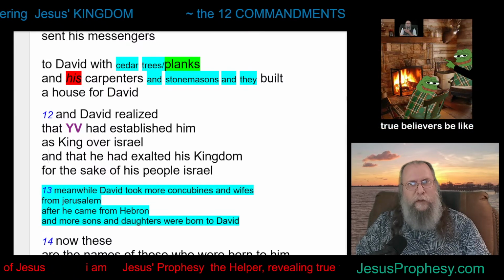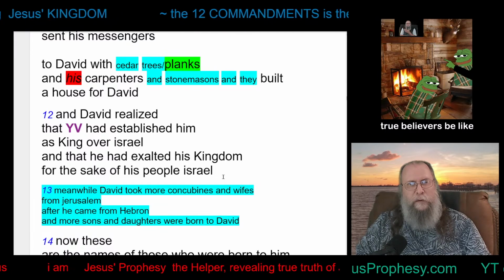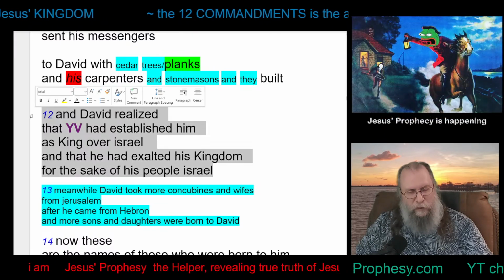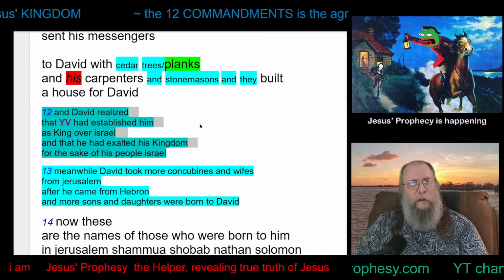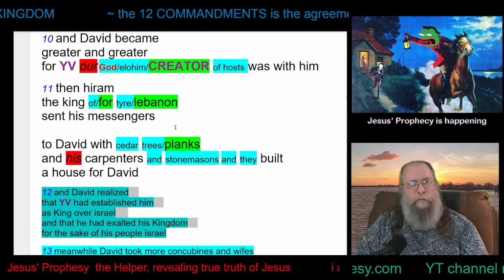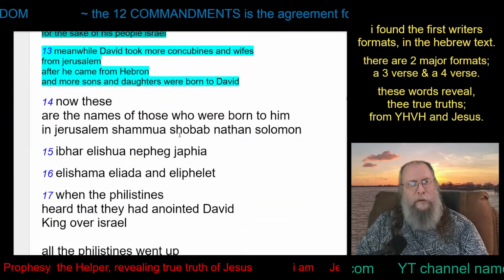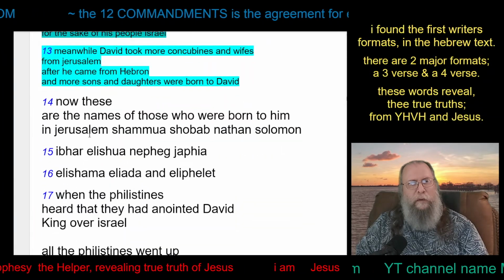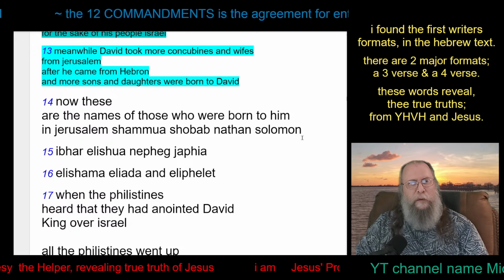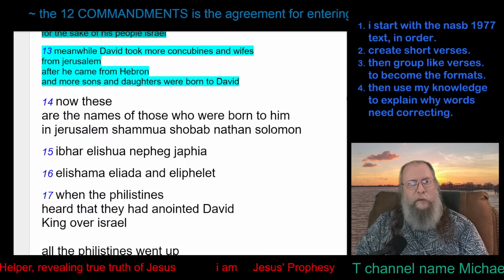Now all this here, we just went through that. Now these are the names who were born to him in Jerusalem. There's only Solomon.